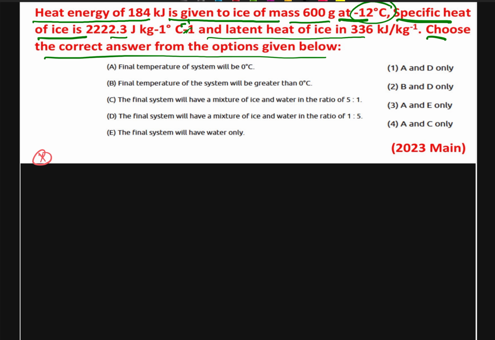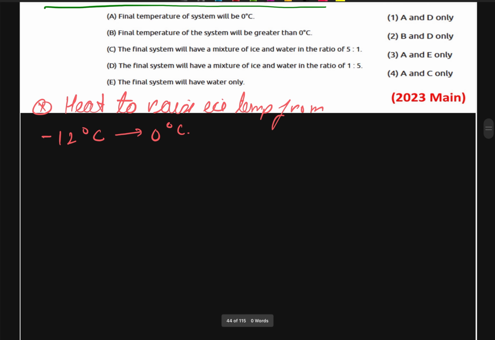So we can say heat to raise ice temperature from minus 12 degree centigrade to 0 degree centigrade.